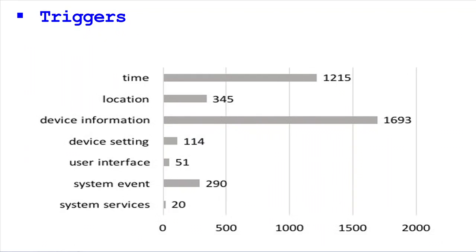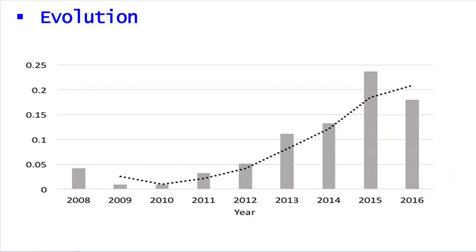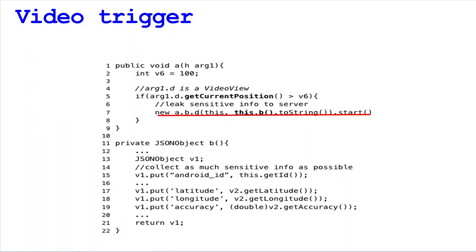We will talk more about this in the case study part. And this graph shows the general trend of HSO in the wild. We find that there is an increasing trend of using HSO, so we think this raises the urgency of coming up with more efficient countermeasures.